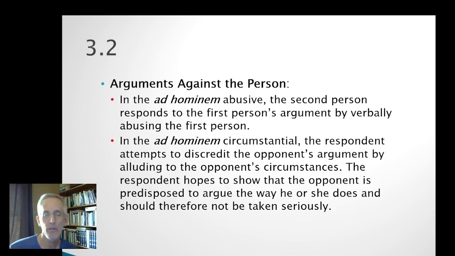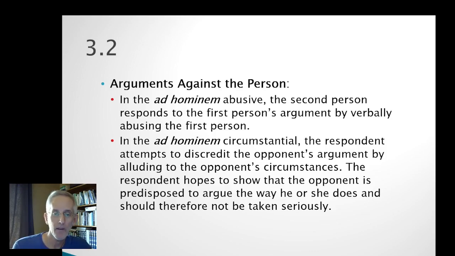So what's going on there is clearly an ad hominem abusive. They're not attacking Bill Clinton's drug control policy. They're attacking Bill Clinton himself for smoking marijuana. In logic, we are only concerned with evaluating the argument itself. We don't care who's offered the argument. We don't care what their experiences are.